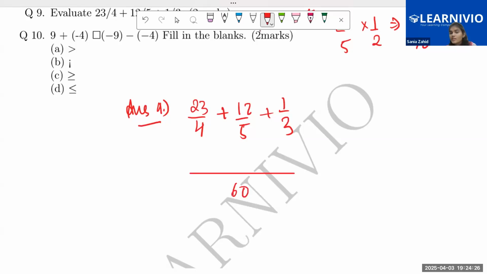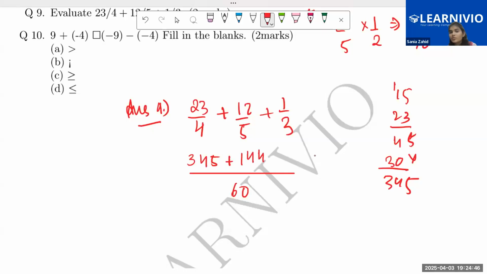First you divide 60 by 4, what do you get? 15. So you have to multiply 15 by 23. You get 345, plus 12 into 12 will be 144, plus 20.